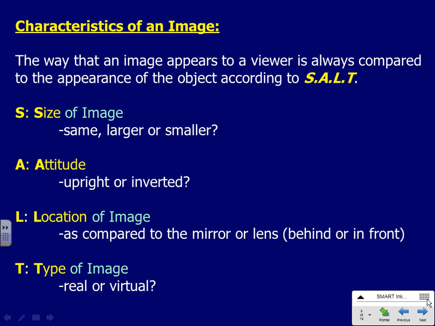We have to talk about images that are formed by curved mirrors, and we're going to talk about images that are formed by lenses. And every time we locate or draw or find an image, we want to describe it. And we use the acronym SALT to help us remember what we want to describe.